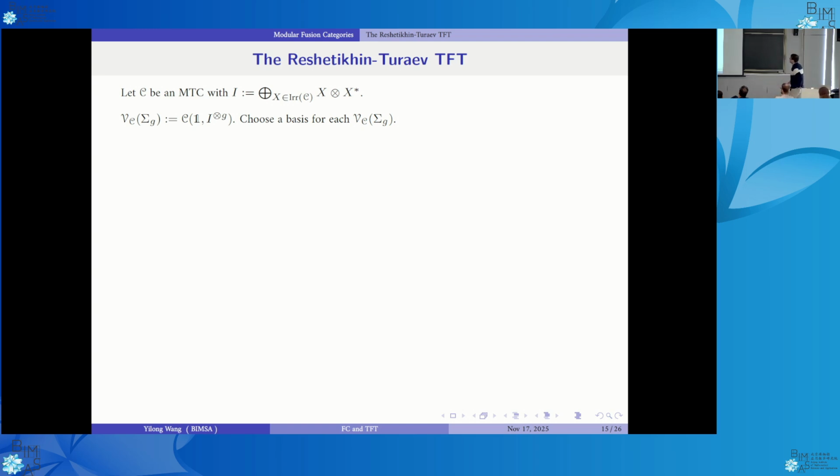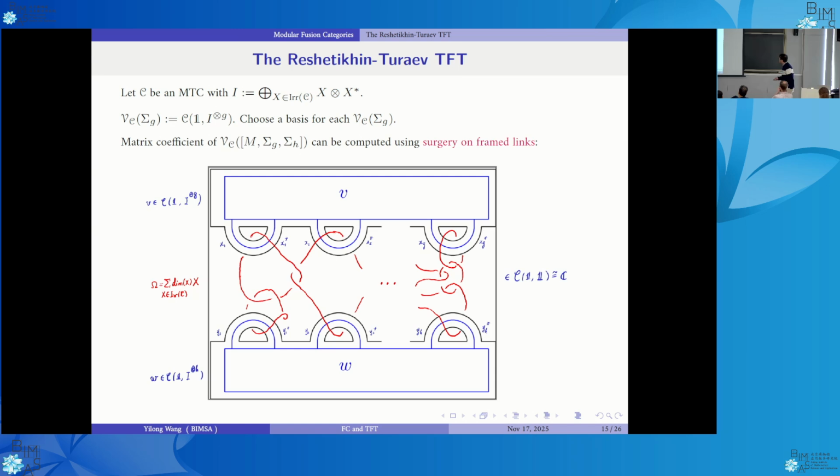And I need the TFT, so I need to tell you, if I have three-manifolds bounding two surfaces, what is the linear map? So we can choose a basis for each such morphism space. Then there's a description of any three-manifold with boundary by tangles.